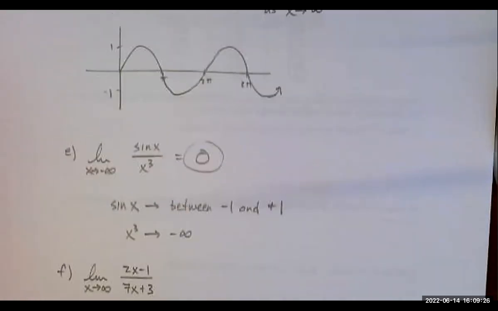There wasn't any algebra to do or simplification. We're just thinking about the graphs and stuff like that. Very different here for parts F, G, and H. So starting here, let's see what's going on with part F.